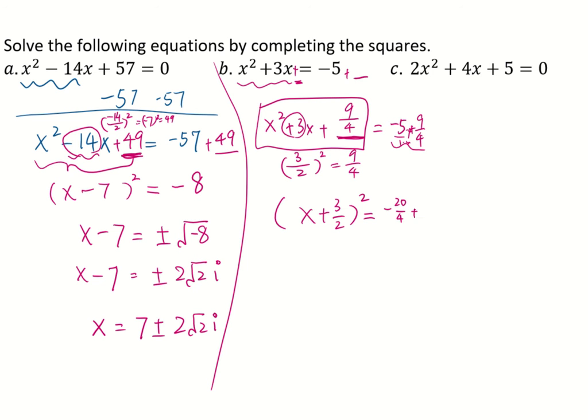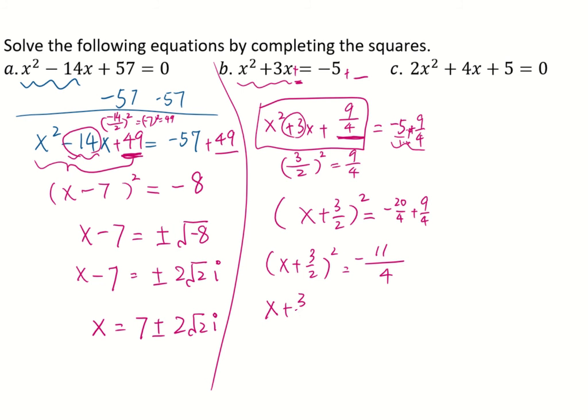So plus 9 over 4, which is negative, well, 4 at the bottom, negative 11. Okay, use square root property.